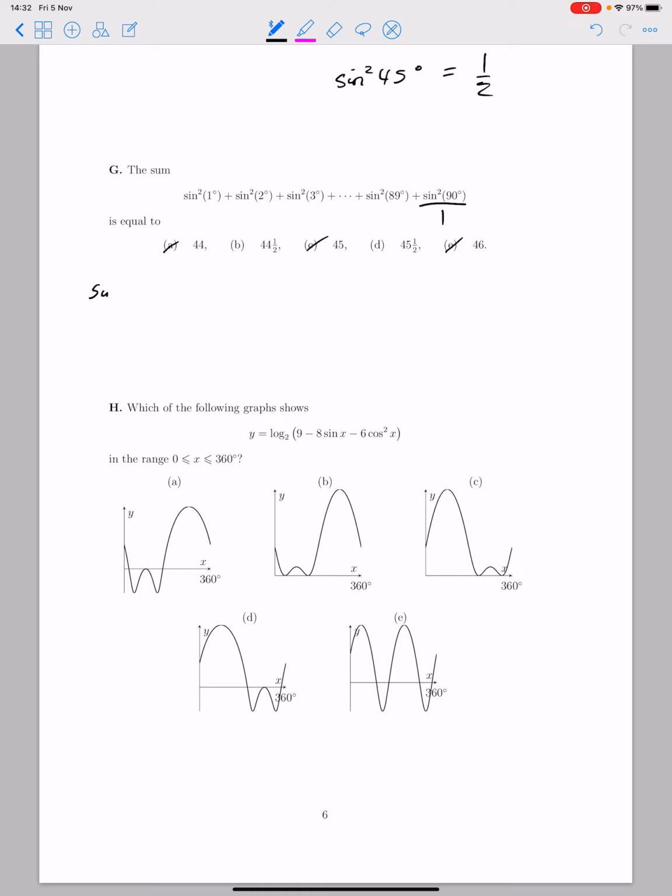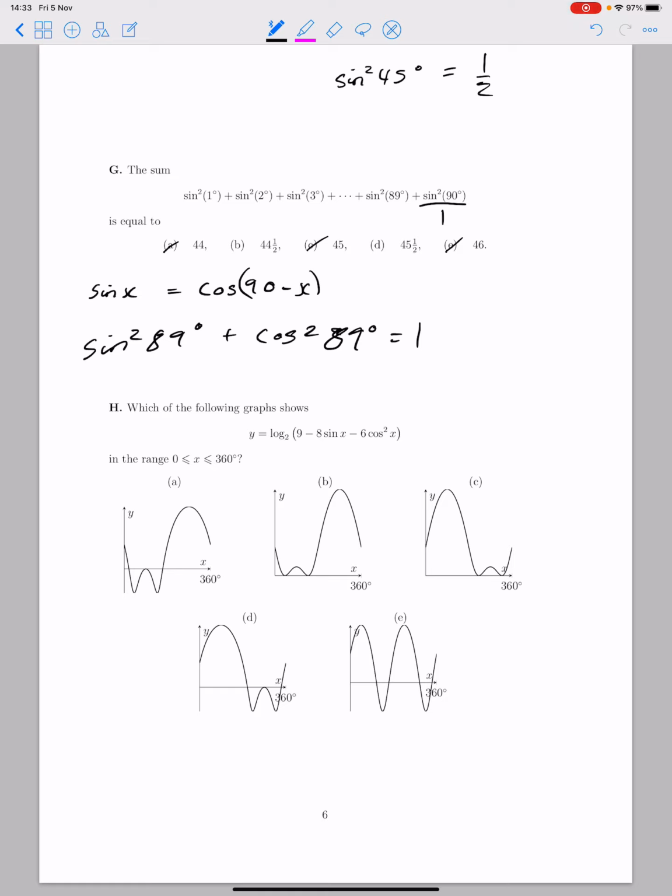Now, if you remember that sine x is equal to cos of 90 minus x, you can get a sum of sine squared plus cos squared terms. That means that sine squared 1 degree is equal to cos squared 89 degrees, which means we have sine squared 89 degrees plus cos squared 89 degrees, the Pythagorean formula for trigonometric functions, which is 1.